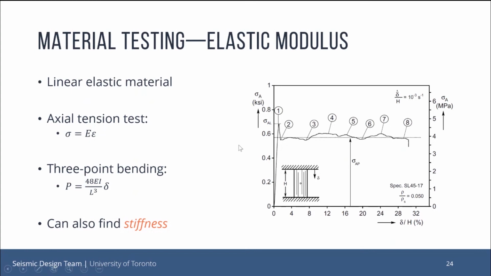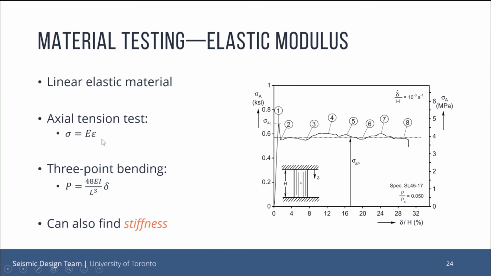This is only applicable in the linear region, so in this example plot, from 0 to where this is marked number 1, that's the linear range. The idea is we would fit a line through all of those points, and the slope of that line gives us the elastic modulus.